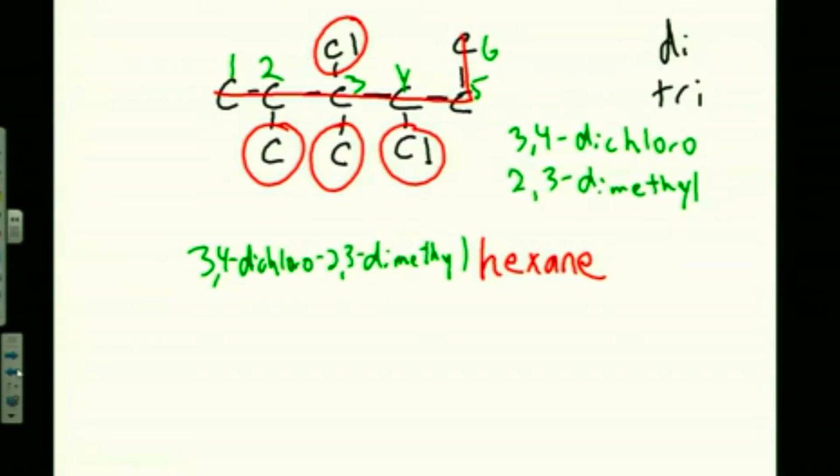So you don't consider carbon number 6 a substituent? No, because if you call that a methyl group, that just makes the chain longer. You can't put an alkyl group, a methyl, ethyl, propyl group on the last carbon, because it just makes the chain longer. I could have drawn this with that carbon sticking out over here. It's the same thing.